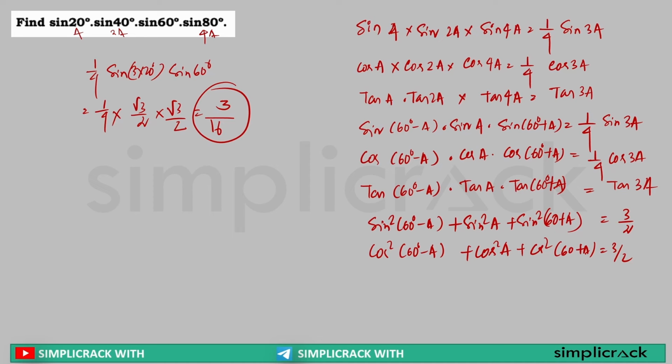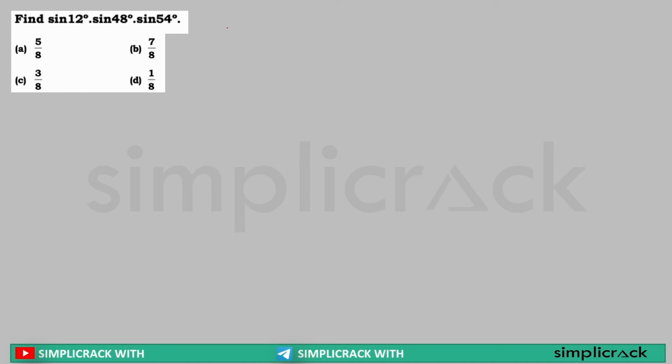Sorted? Next. Now this is an interesting question. What is it saying? Sine 12 degree into sine 48 degree into sine 54 degree. Now sir, let's say sine 12 degree is my sine A. So sine 60 degree minus A will be what? Sine 60 degree minus 12, that is equal to sine 48 degree.